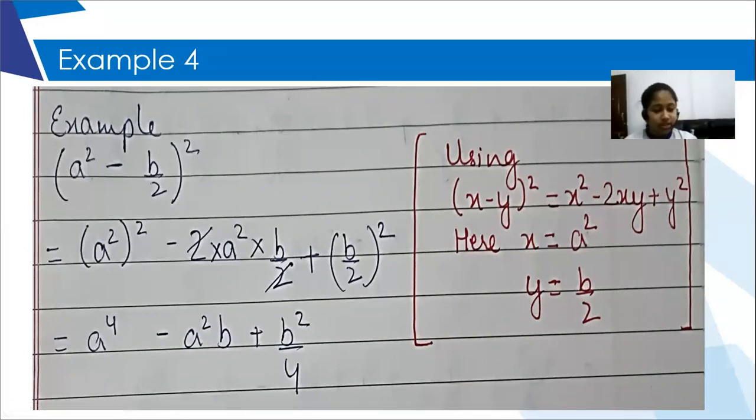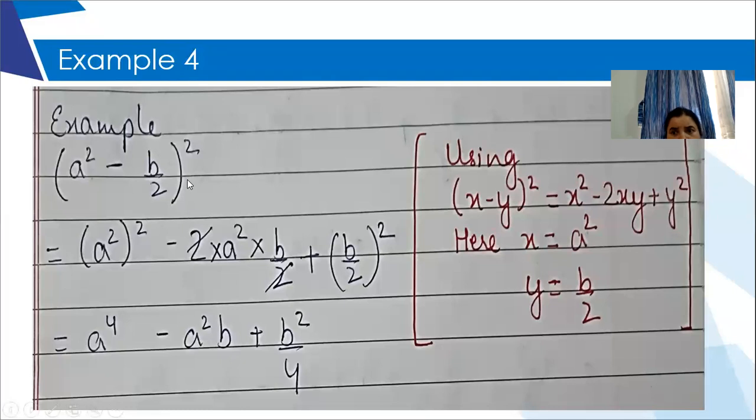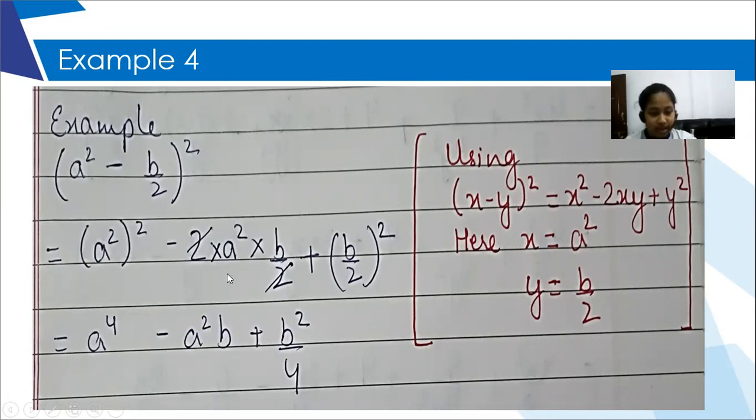Ma'am, over there in the question, the whole bracket has a square, right? Yes, yes. And when we are spreading them, that time a square, whole square, is because of the identity. What about the square that is outside the bracket in the question?